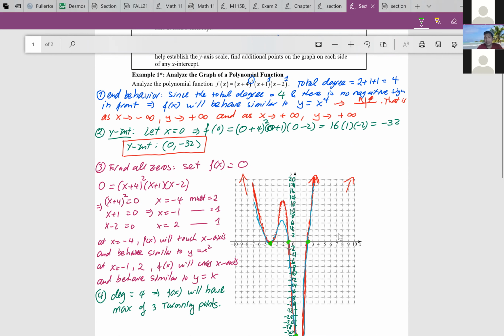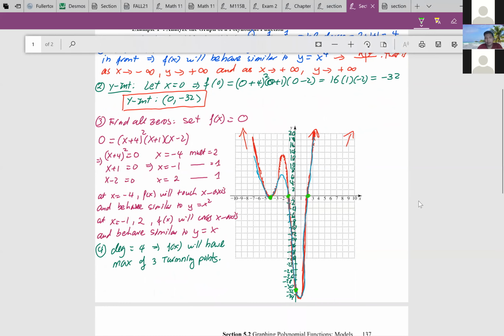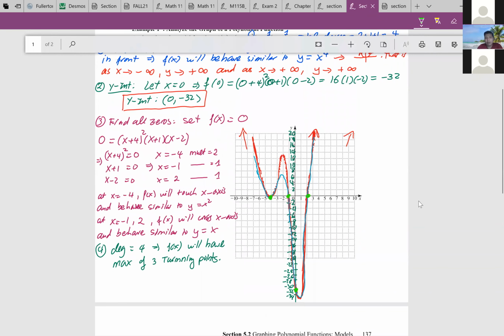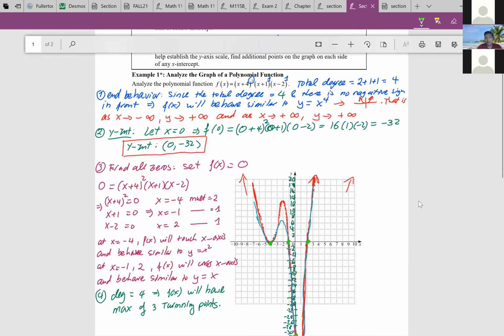So you can see here a lot of 5.1 that we learned is an application in 5.2. That's what you see right here. Okay. Does that make sense to everyone?